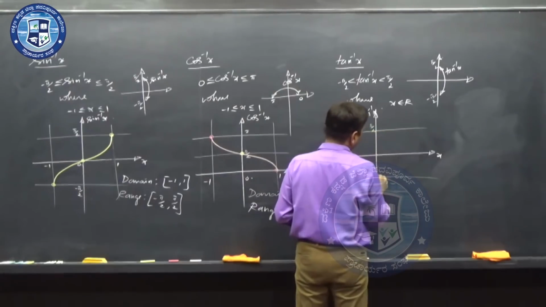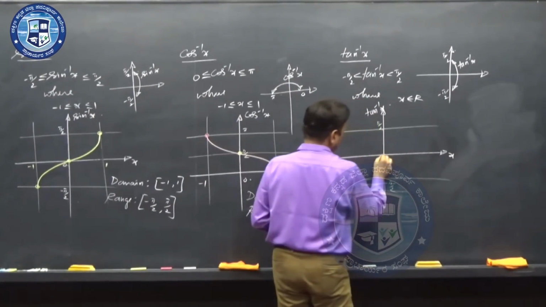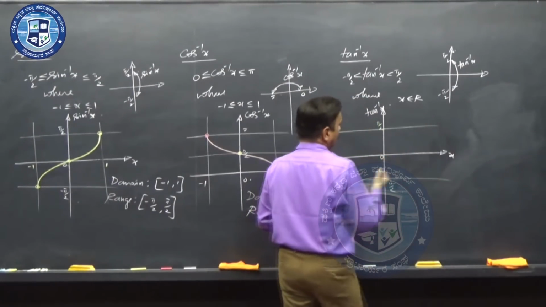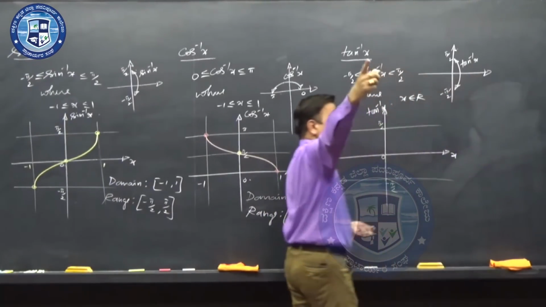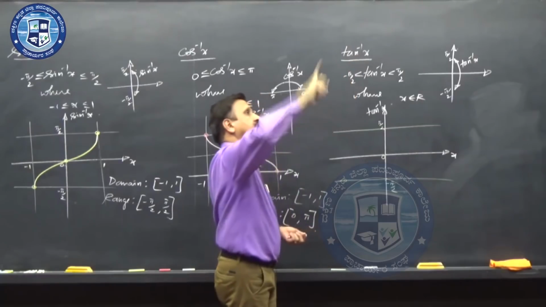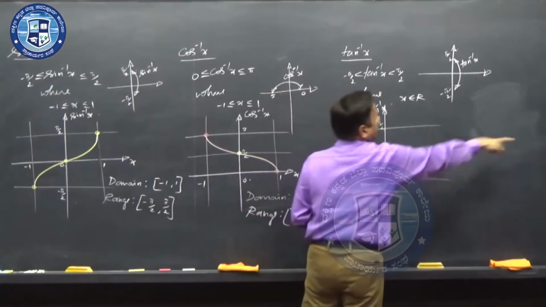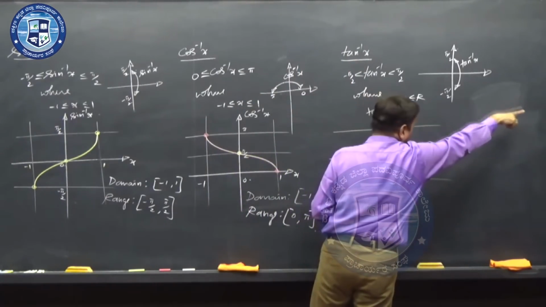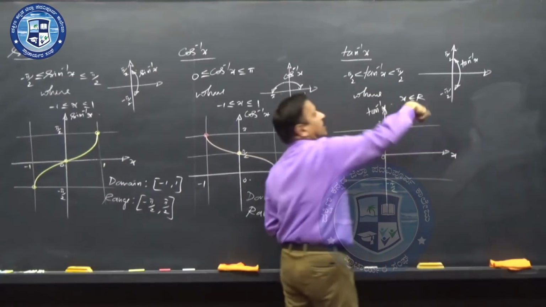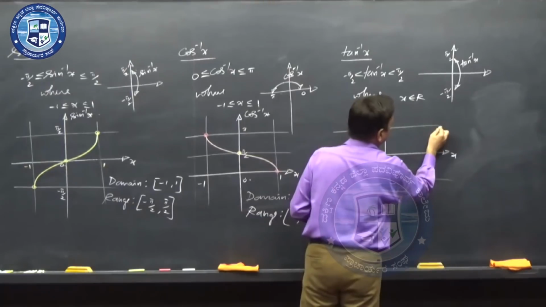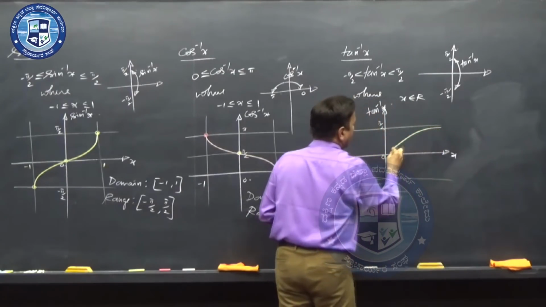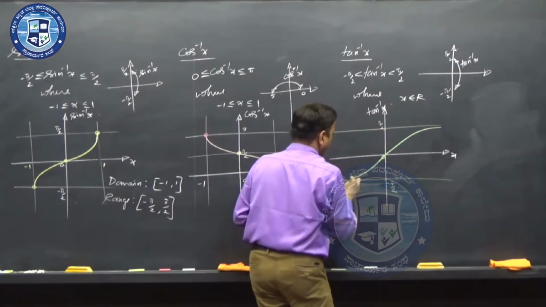It cannot be equal to minus pi by 2. Then tan inverse infinity is pi by 2. But infinity is not accessible, so it can't reach infinity comma pi by 2. You can't draw it on the graph. So that is why the graph is asymptotic like this, and tan inverse minus infinity is minus pi by 2.